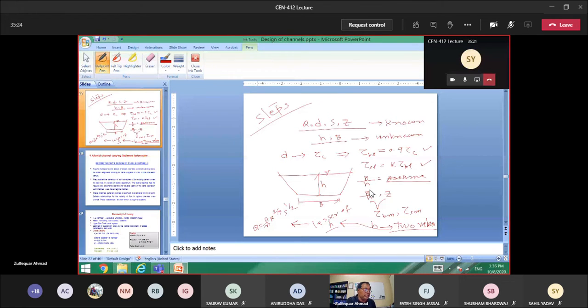If this discharge is equal to the design discharge QD, then fine. But if it is more or less, then you have to modify from here. So these are the steps that are required. Please let me know if you have any questions.